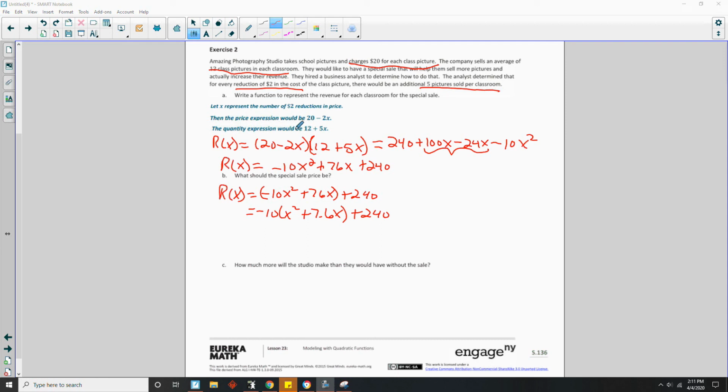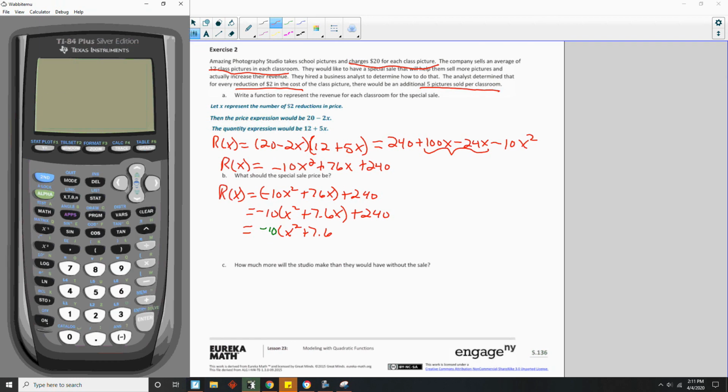Okay, so now we're going to complete the square, so that's going to equal negative 10 parentheses x squared plus 7.6. I'll just use my calculator for this. 7.6 divided by 2 is 3.8. Then you square that.